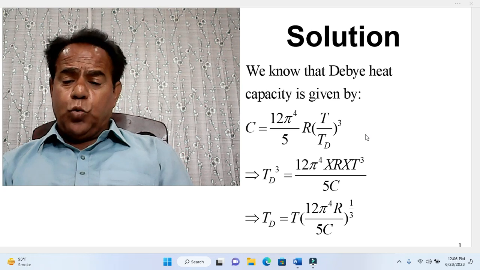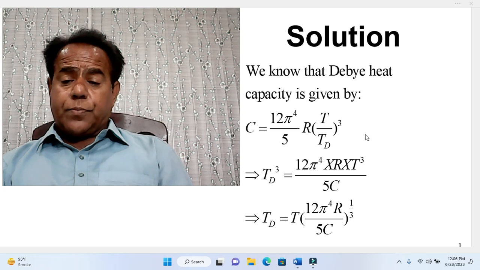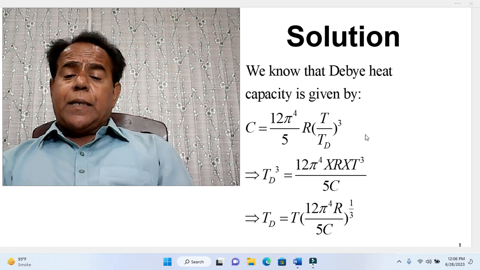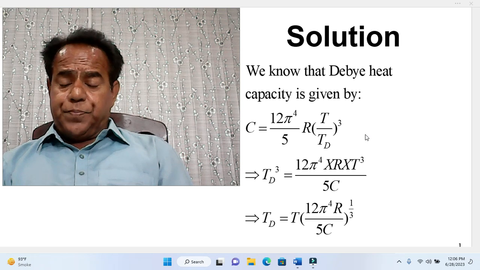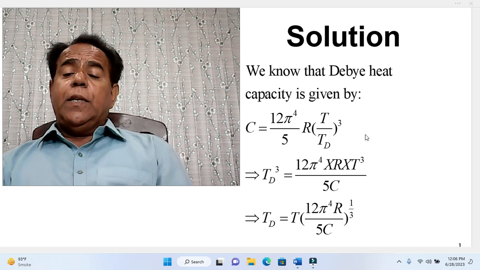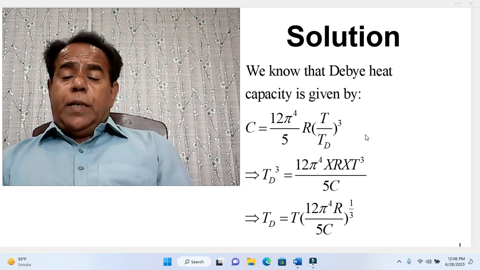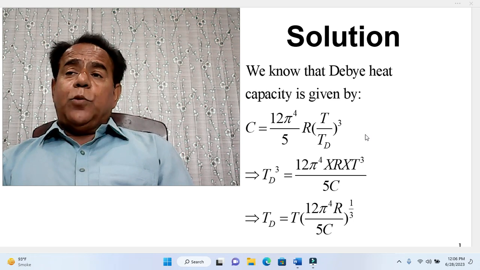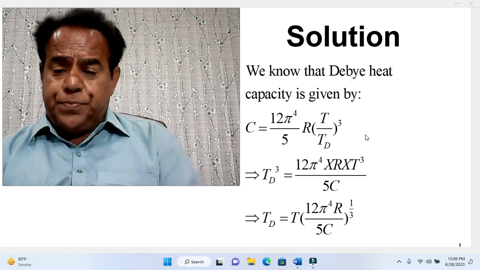So simply T will be left. The remaining factor will be (12π^4 R over 5C) raised to the power 1 by 3, because it is a cube root.